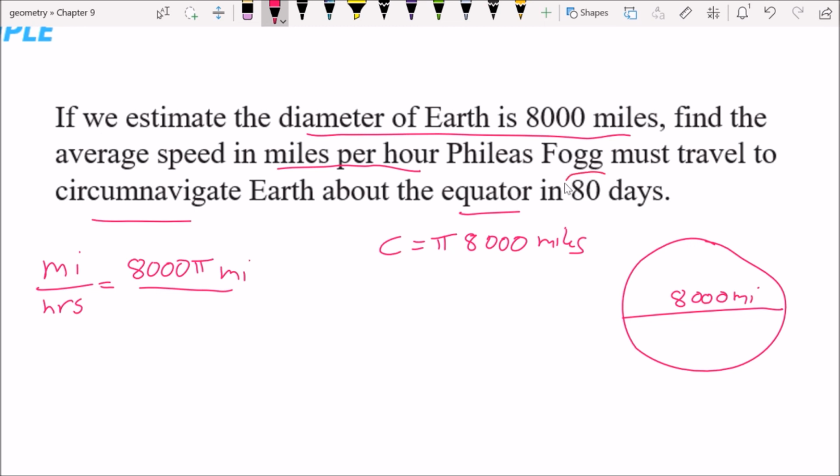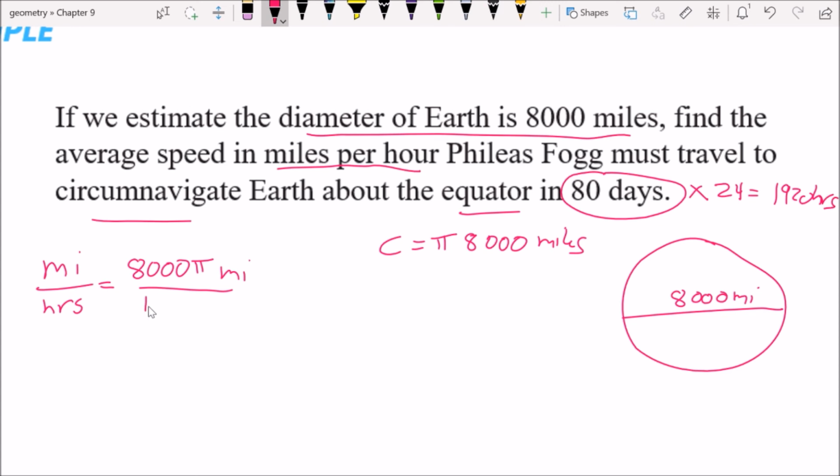8,000 pi miles. I need to know the number of hours. They said 80 days. Remember that 1 day is 24 hours. So we're going to do 80 days times 24 hours. And how many hours are there in 80 days then? 24 times 80, that's 1,920 hours.